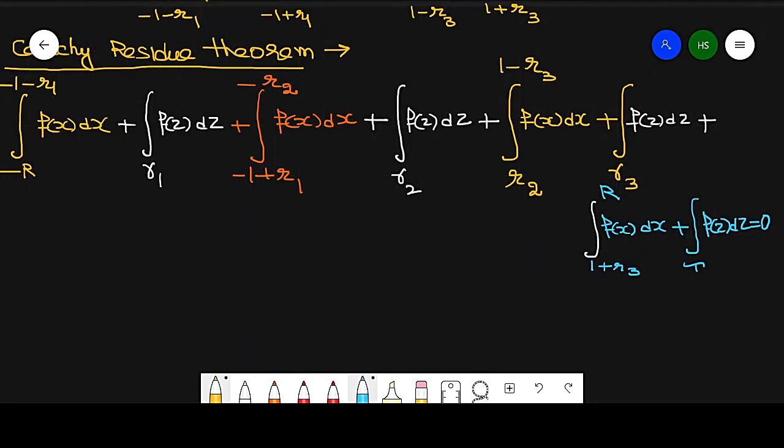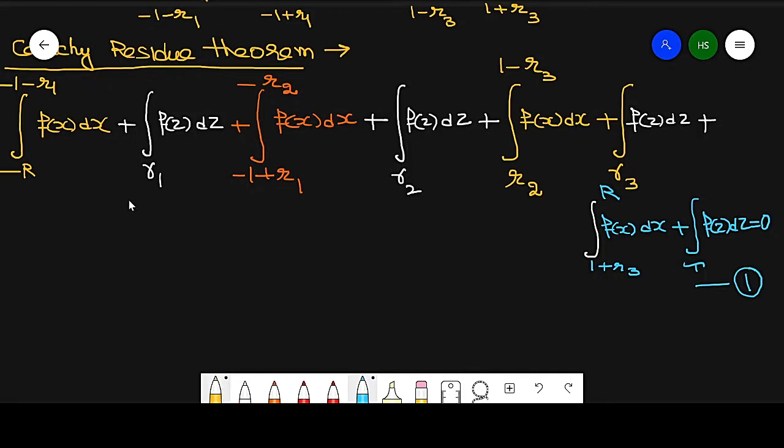So this is written as equation number 1. Check it very carefully, because it is a very lengthy question. It involves 1, 2, 3, 4, 5, 6, 7, 8 integrations.